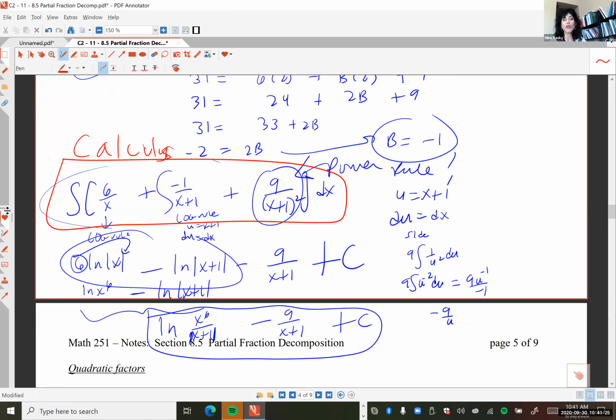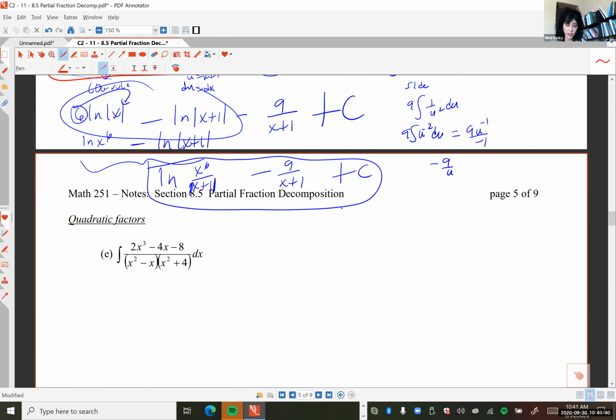They're going to have partial fraction decomposition all over the place in your last 3 weeks of class. If you can't do it, you are going to be in so much pain, and prepare to just flunk the class. So just so you know, it's going to come back and you will see it again.